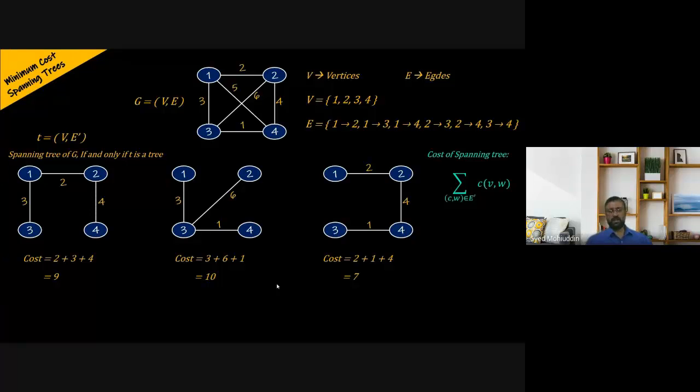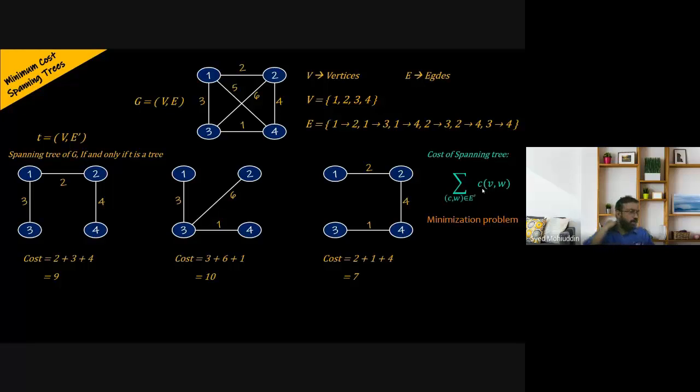So we can't say that. A minimum cost spanning tree is one where the summation of the cost is minimized. If the cost of the spanning tree is minimum, then we say it's a minimum cost spanning tree. So here the problem is a minimization problem.